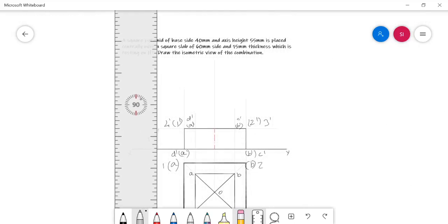That axis height has to be calculated from the top surface of the bottom solid.